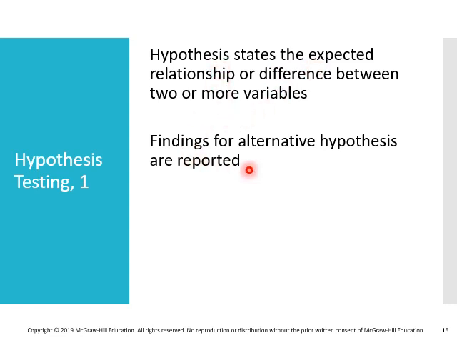We'll see that while we are testing the alternative hypothesis, which is what we see right here, in reality, what we are trying to do is reject the null hypothesis. So hypothesis testing is one or the other: either to accept the alternative hypothesis or to retain the null hypothesis.